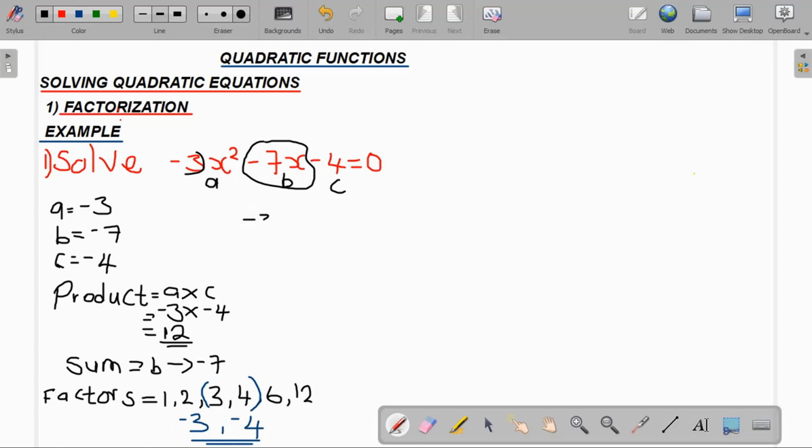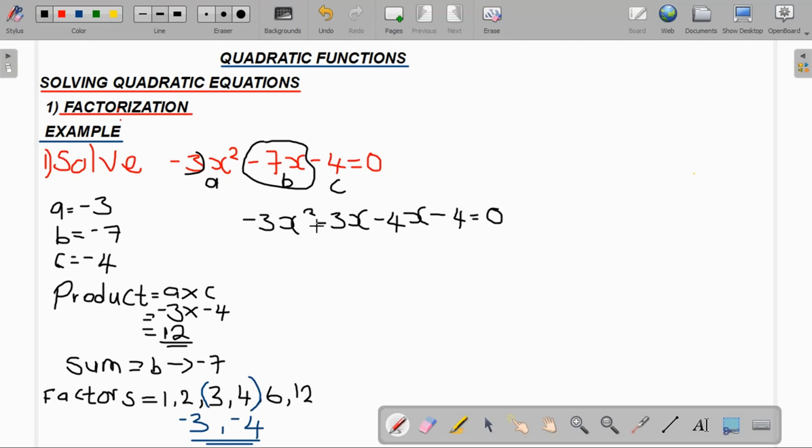So we're going to rewrite it: negative 3x squared, then minus 3x, then minus 4x, and then minus 4 is equal to 0.